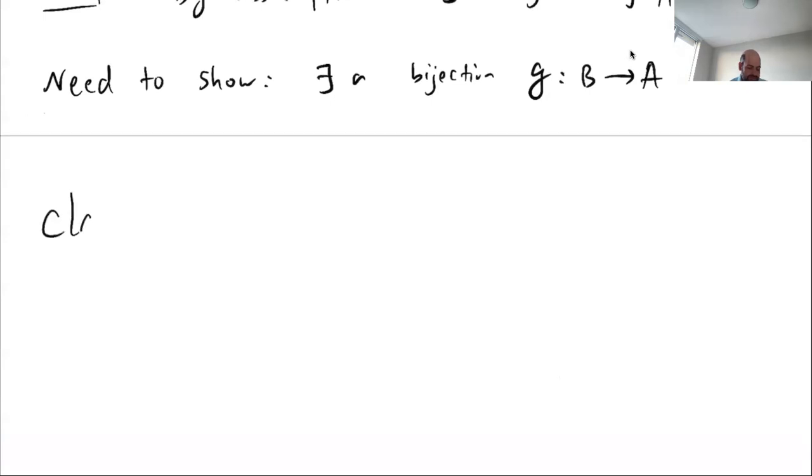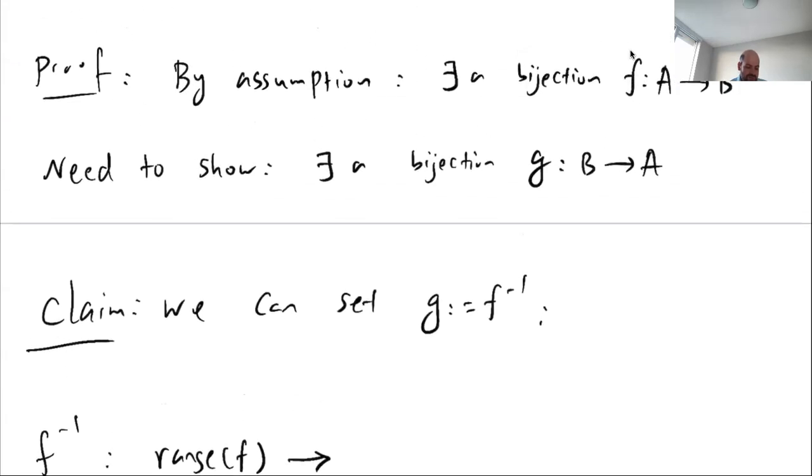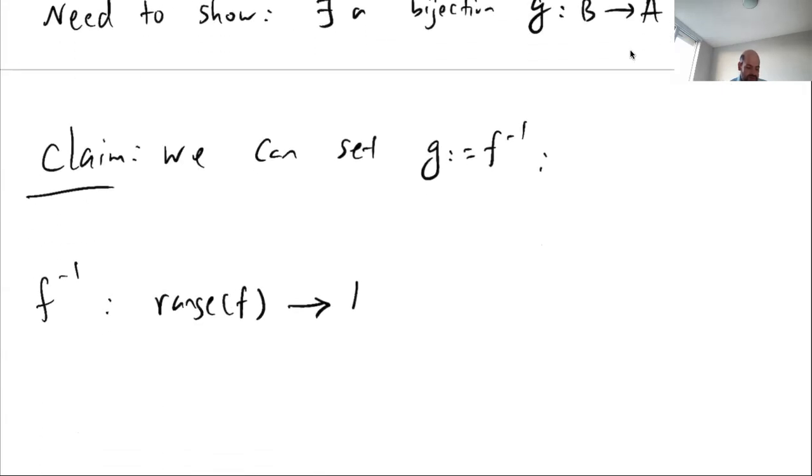So the claim is that we can set G as F inverse. F inverse is from the range of F to the domain of F, which is A. But what is the range of F?